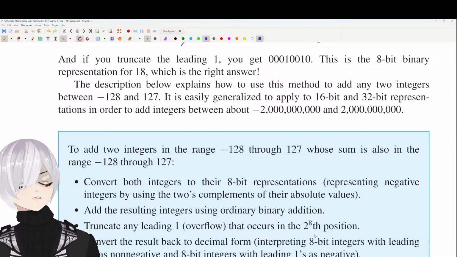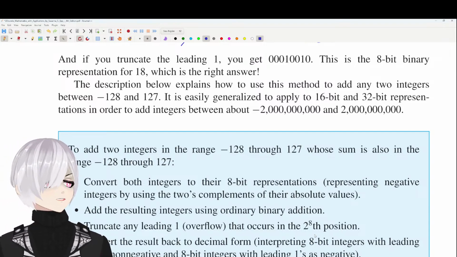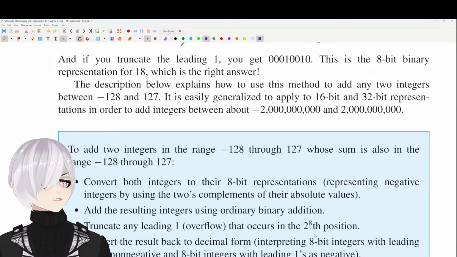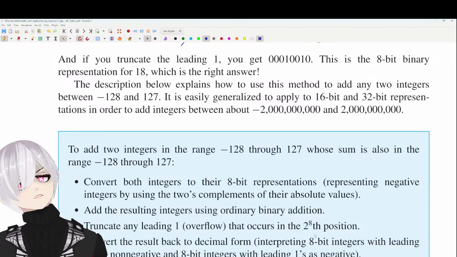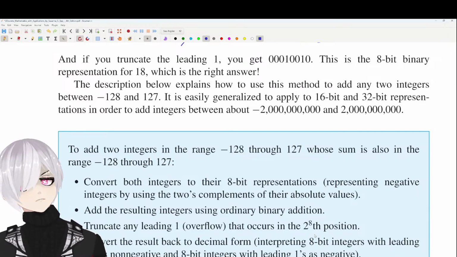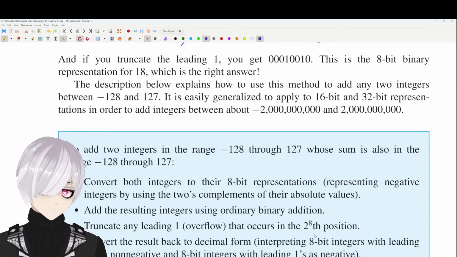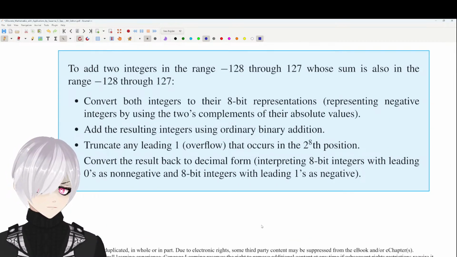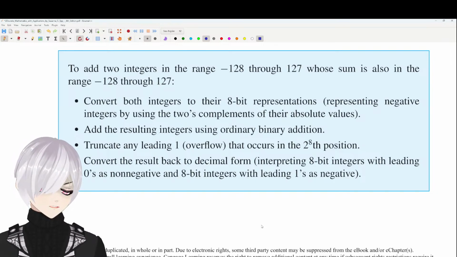See, the description below explains how to use this method to add any two integers between negative 128 and 127. It is easily generalized to apply to 16-bit and 32-bit representations in order to add integers between about negative 2 billion and 2 billion. Wow. To add two integers in the range negative 128 through 127, whose sum is also in the range negative 128 through 127: So that's a limit to it.